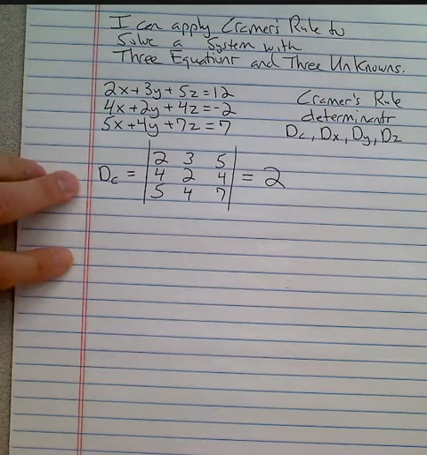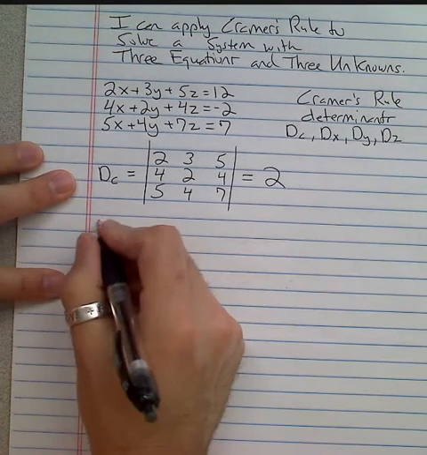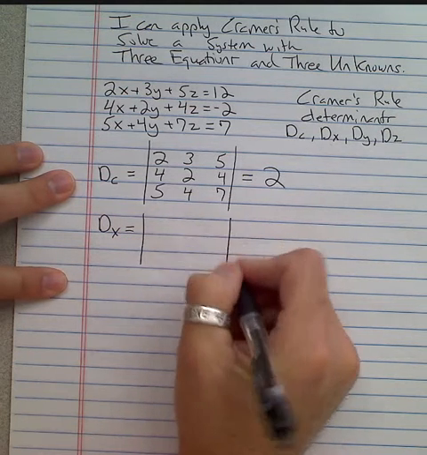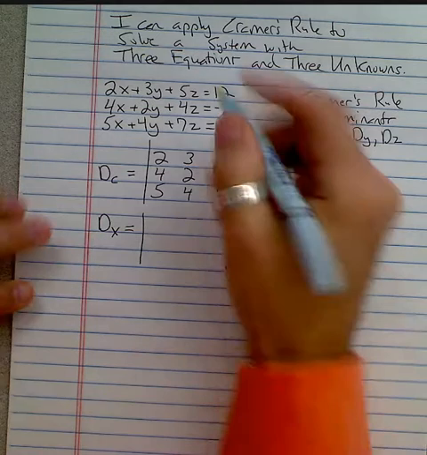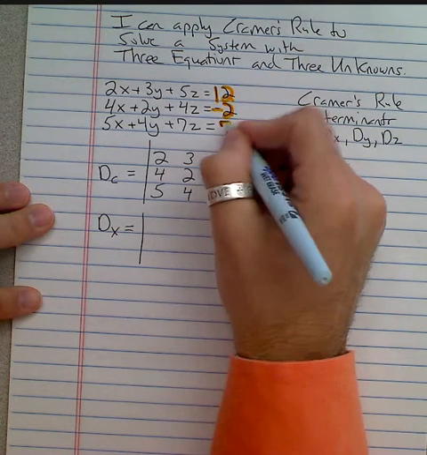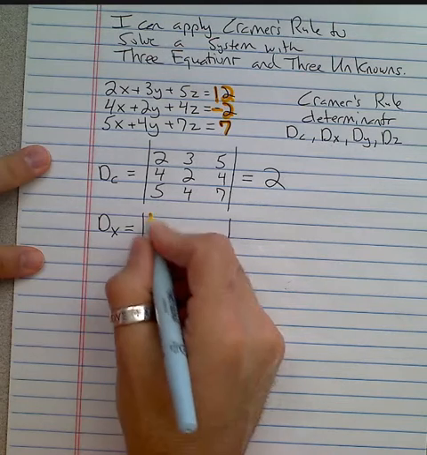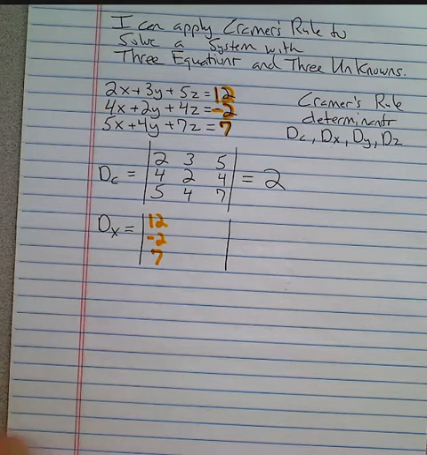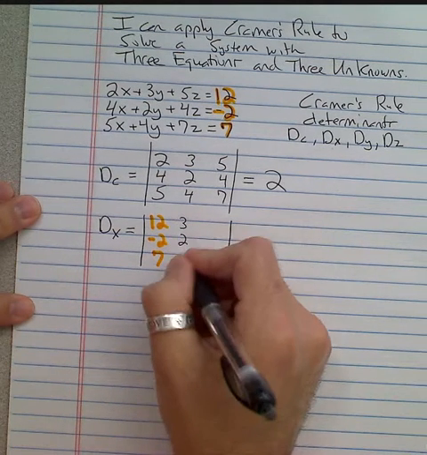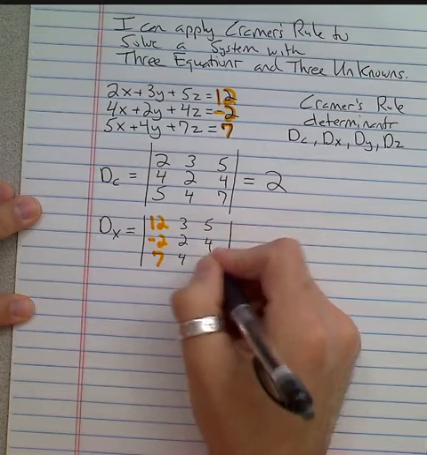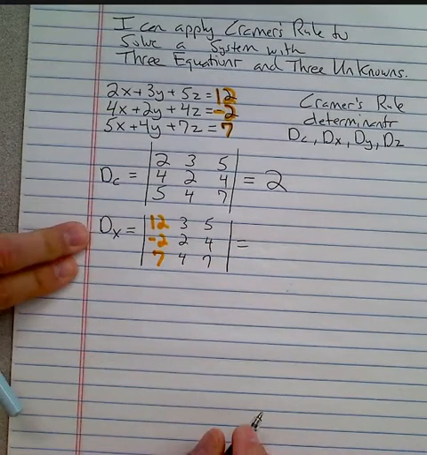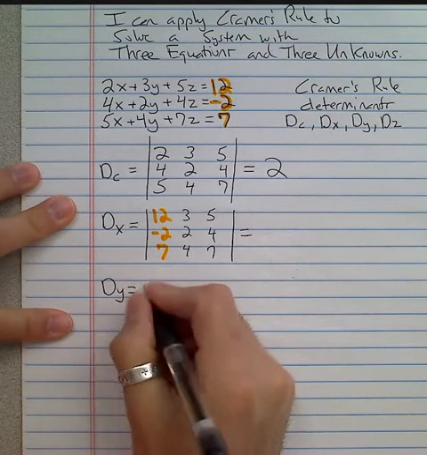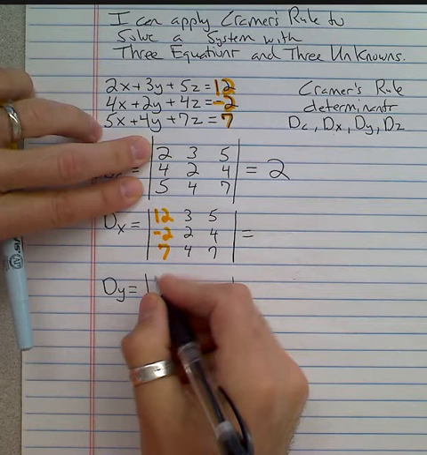I then need my other three determinants. We would have determinant of x, and if you recall, when we do the determinant of x, we're going to take what's to the right of the equal sign, and we're going to substitute that in for the x column. The y column and the z column will stay the same, and we'll get a value for that determinant. We'll do the same for y, in which case we leave the x column the same.